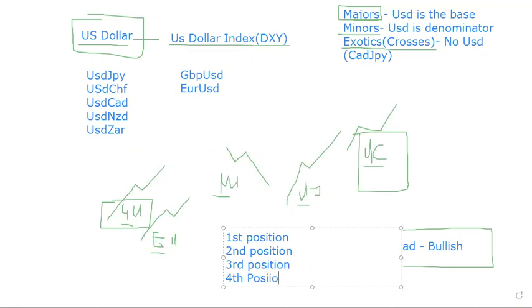Whenever you want to make a trading decision, it becomes easy to trade the first position against the fourth position. If you're trading the first against the fourth, you should be ready to see a very crazy, weird momentum, because it's just going to be amazingly bullish.